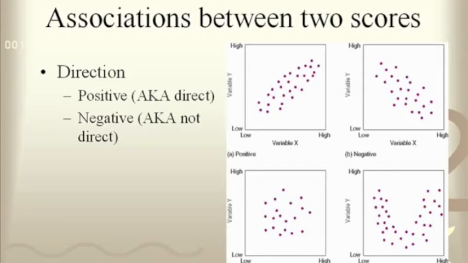So that's a negative relationship. As X goes up, Y goes down. This is also known as not a direct relationship. There's not a direct relationship between the two variables. They're opposite relationships.